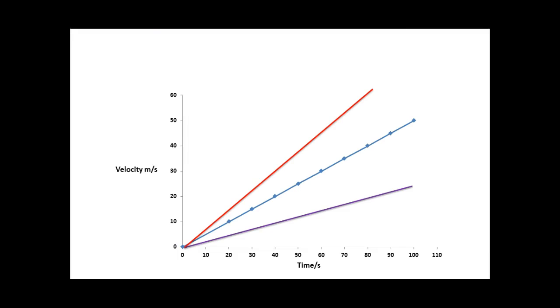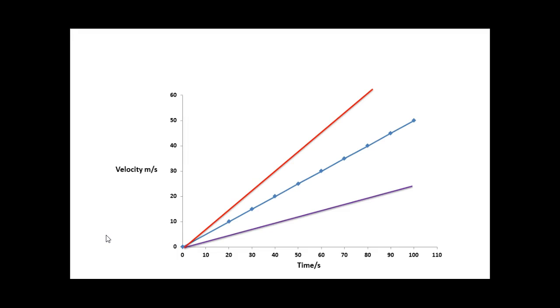Here are three objects accelerating. Which of the three do you think has the fastest acceleration? And which has the slowest? Well, if you look at the first line, the red line, you can see that as time is moving on, its speed is increasing much more rapidly than the bottom purple line.